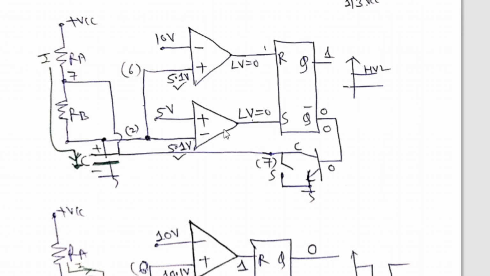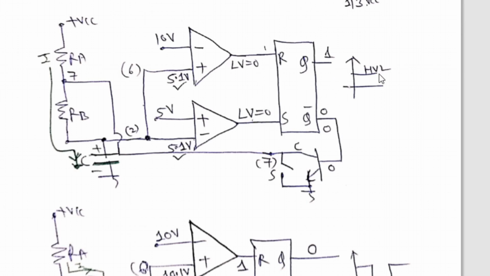Therefore this changes to logic 0, and now both inputs of the flip-flop remain in logic 0. Therefore, as I told you in the previous lecture, as long as both inputs are in logic 0 0, the output will continue to remain in logic 1. The output will not change.